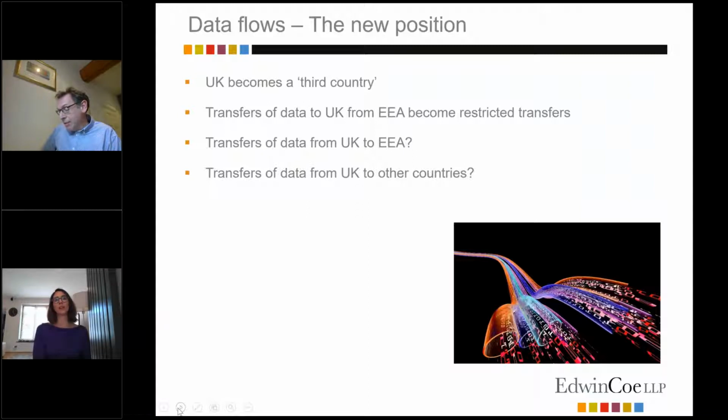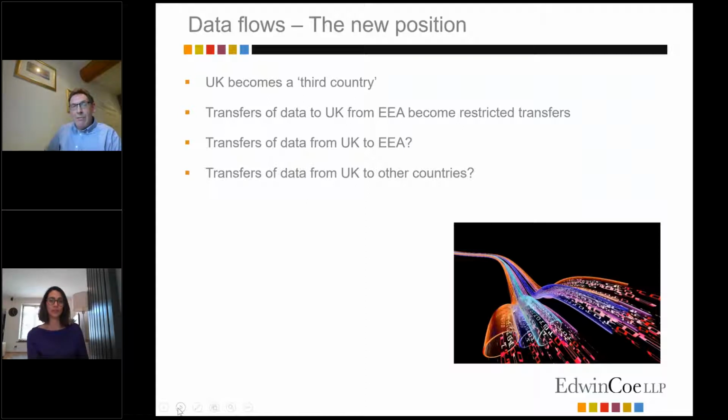So what that means in practice is that transfers of data certainly to the UK from the EEA will become restricted transfers, and I'll come back and talk about how you need to deal with those as UK businesses in a second. So that's transfers from the EEA to the UK.